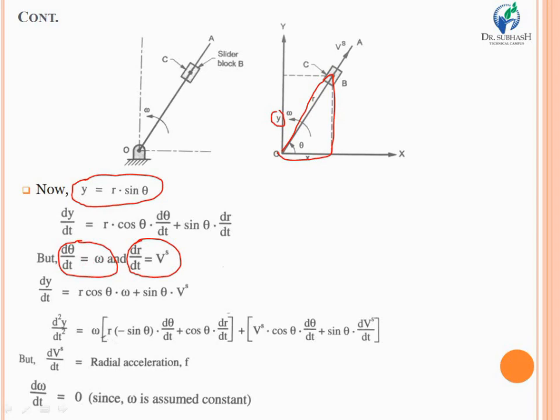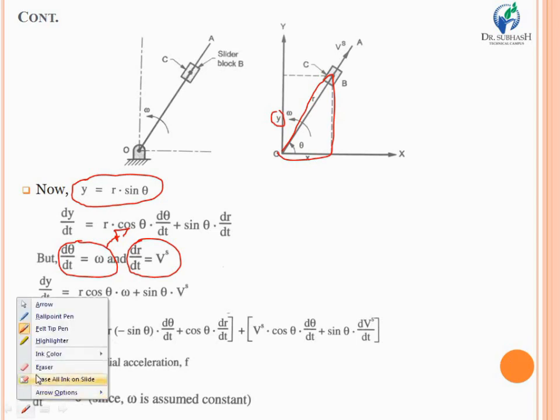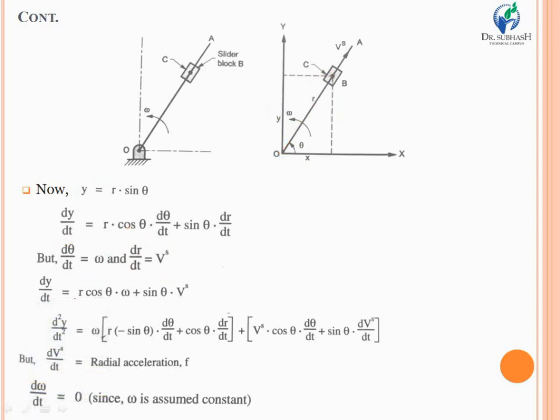So both terms can be replaced, and by putting those values into the above equation, we get the final relation dy upon dt equal to r cos theta omega plus sin theta into Vs, the sliding velocity. Now again we differentiate this equation to get the relation for acceleration.